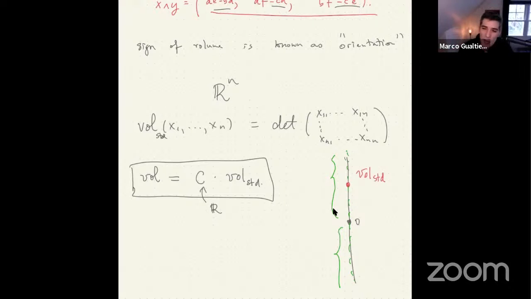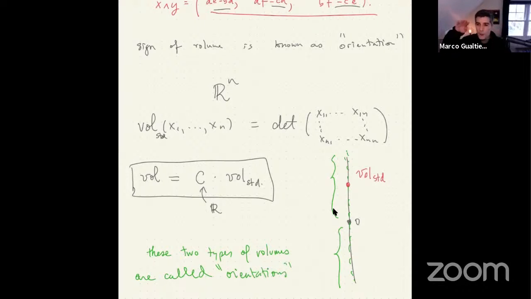What we say is that if two volumes are in the same class, then they determine the same orientation on V. These two types of volumes are called orientations.